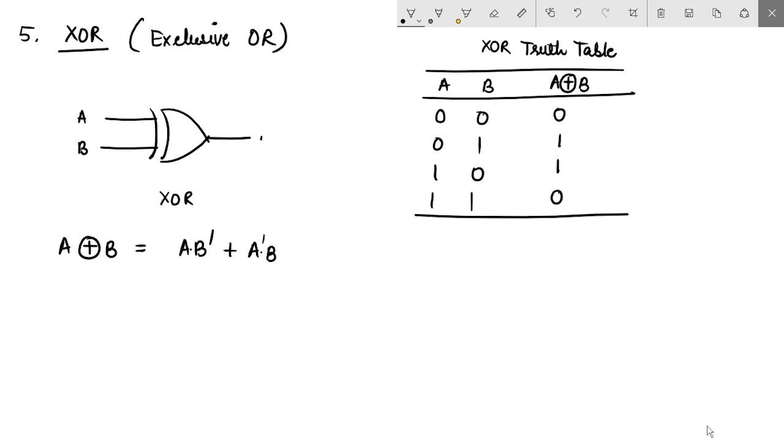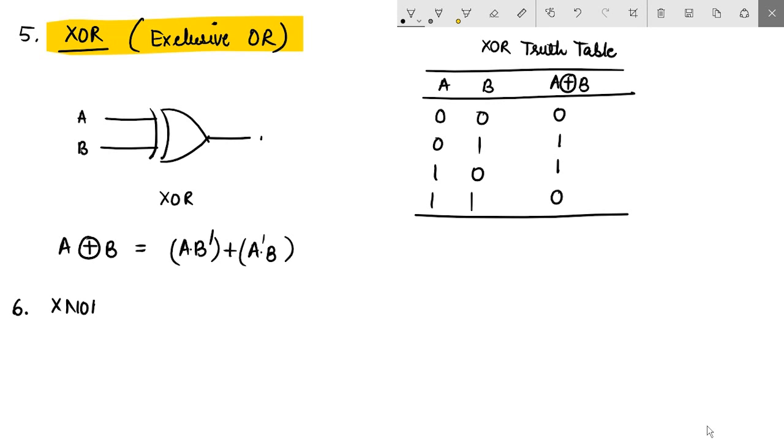So A B bar or A bar B. How this happens, this can be proven by a truth table, of course, but how this happens, that we will see in the next lecture, when we see how to write a Boolean function from the truth table. This is called exclusive OR, XOR, and the NOT version of this gate is called XNOR.